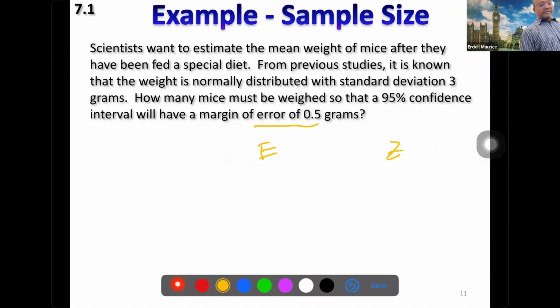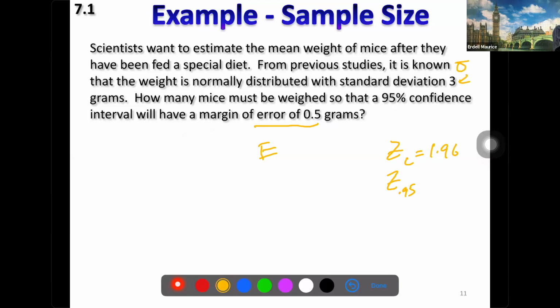Z critical is going to be 1.96 because this is Z for a 95% confidence interval. We just did this in SALT a second ago, yes? And we know that the standard deviation, sigma, is equal to 3. So we put those three numbers in, we square it, and that gives us the size for n.